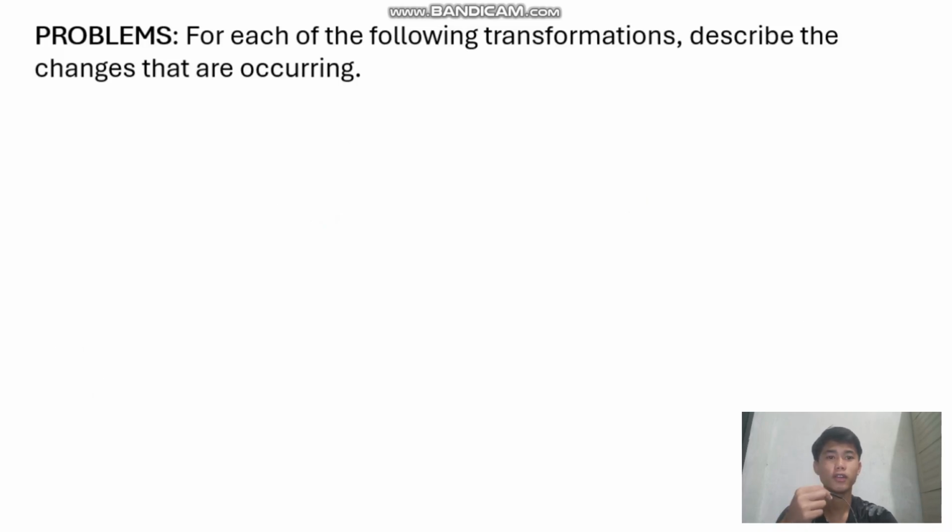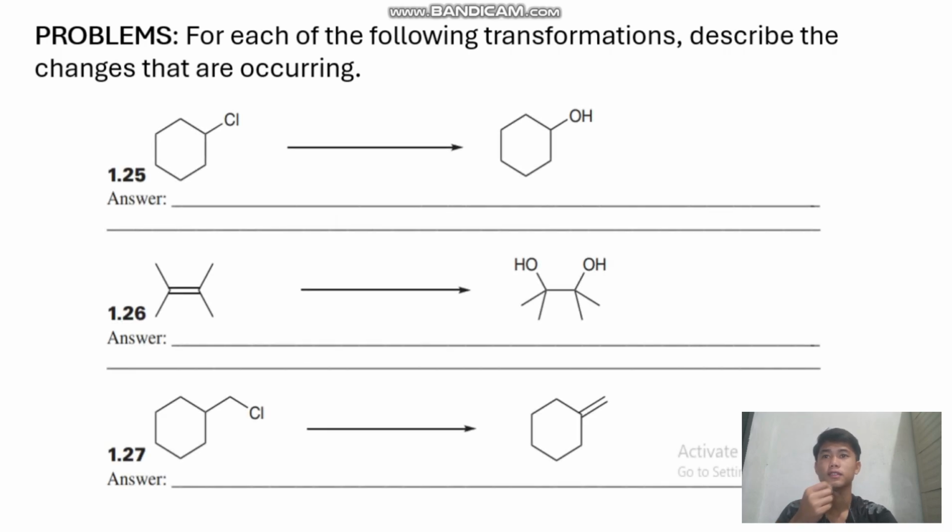So now we have another problem. For each of the following transformations, describe the changes that are occurring. So now we have three problems with different transformations. So first, the chlorine atom is replaced by a hydroxyl group.